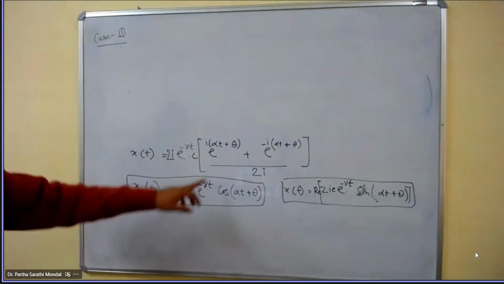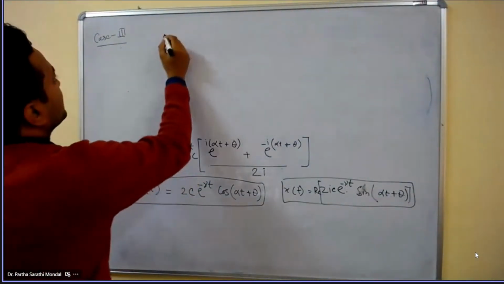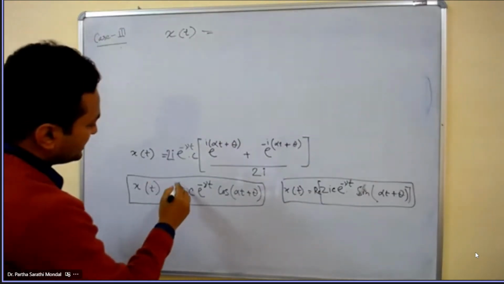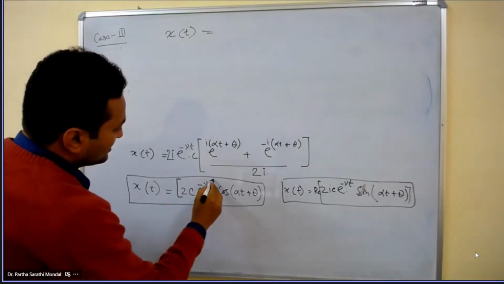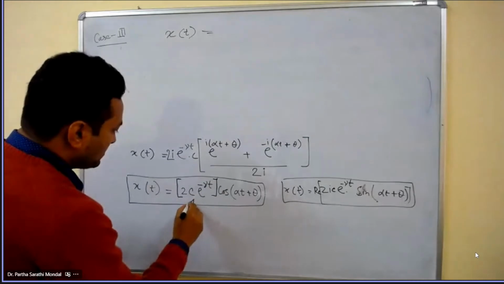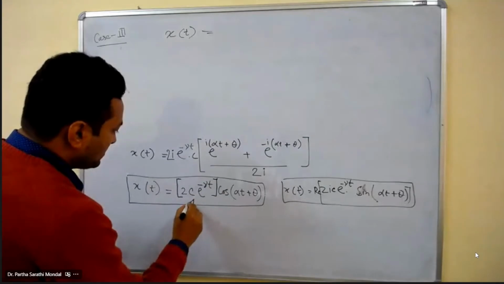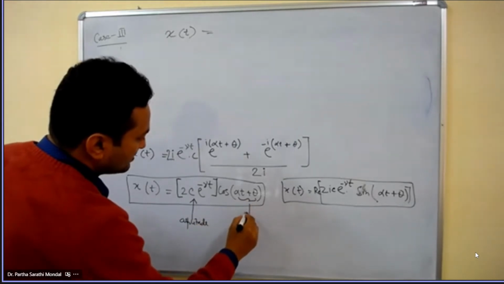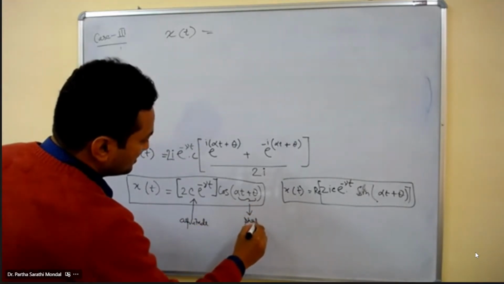So now your solution is x(t). Let's say this is the amplitude, and this is your phase of oscillation.